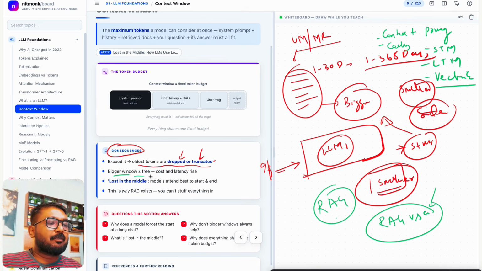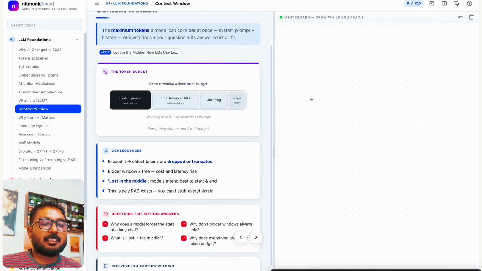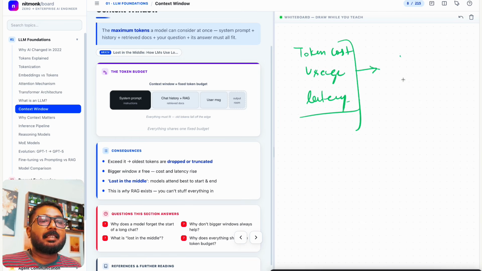A bigger window is not free, cost and latency rise, and this is the bigger problem that many enterprise businesses are trying to solve, like the token cost usage problem and the latency problem. Because now the most important part is that everything is based on our LLM, right? This is a reasoning model that we have, that we understood.